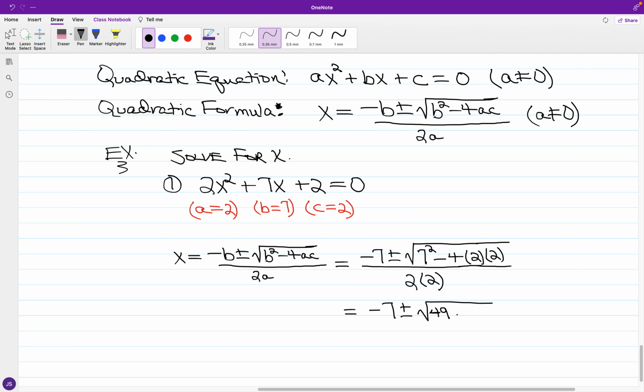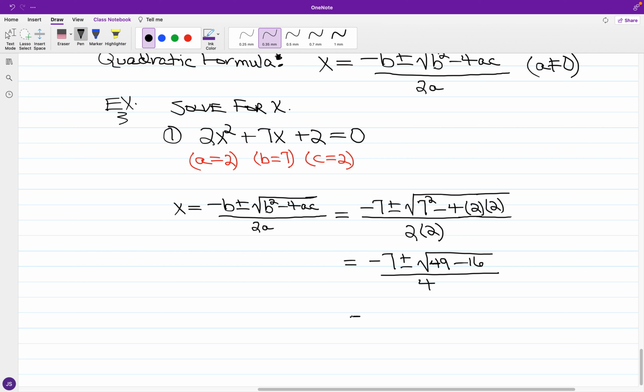Negative 8 times 2 is negative 16. In the denominator, 2 times 2 is 4. And so we have negative 7 plus or minus the square root of 33 all over 4.